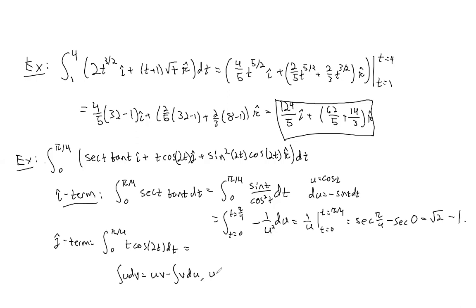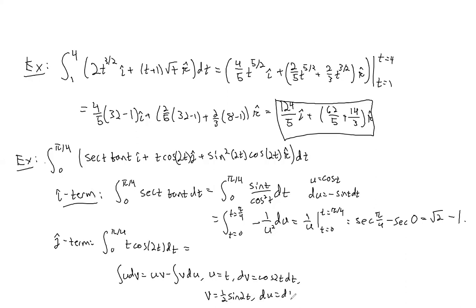In this case, u is going to be easy to differentiate. So the easiest thing here to differentiate, I think, is just t. So dv becomes cosine of 2t dt. So v, in other words, is 1/2 sine of 2t.